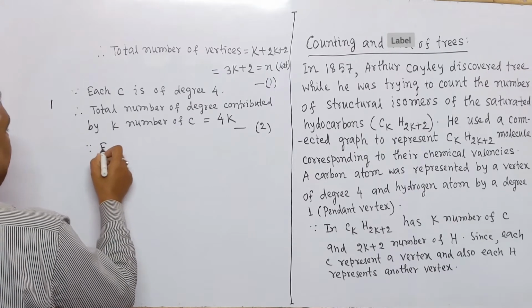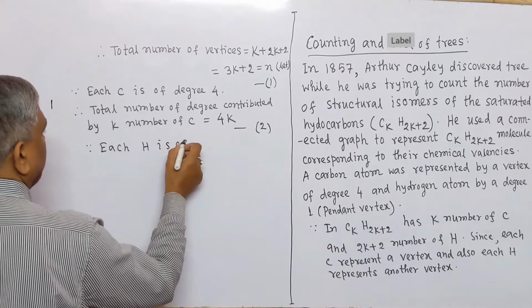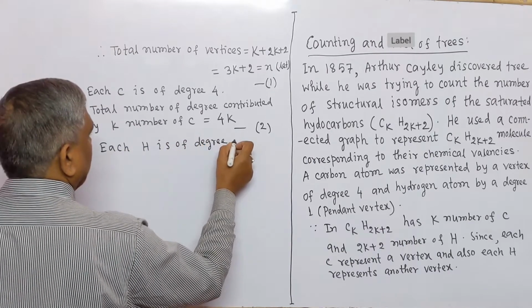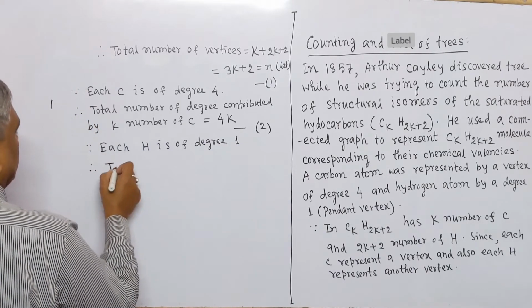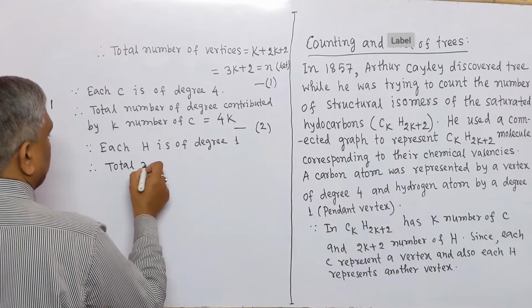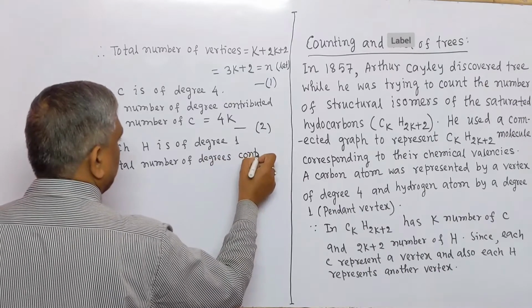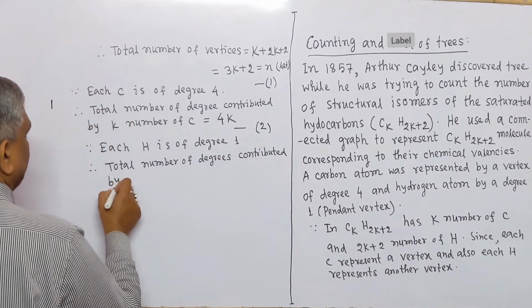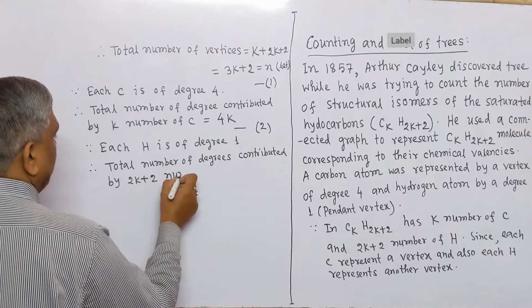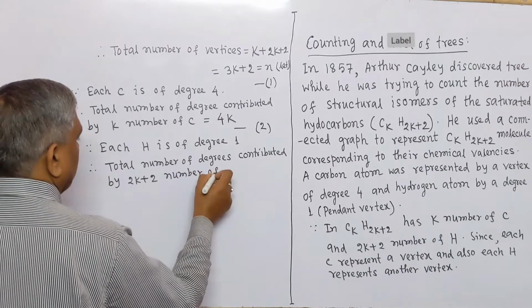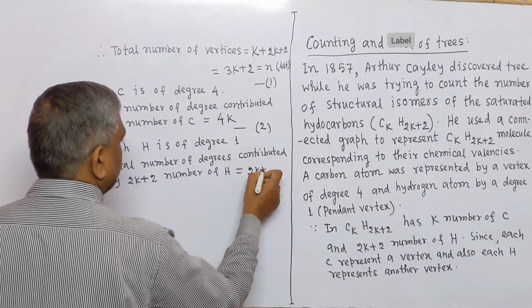Since each H is of degree 1, therefore total number of degrees contributed by 2k plus 2 number of H equal to 2k plus 2.